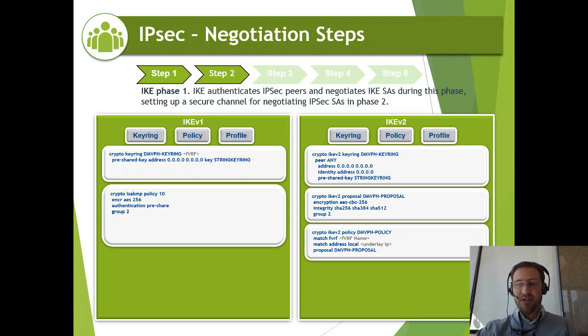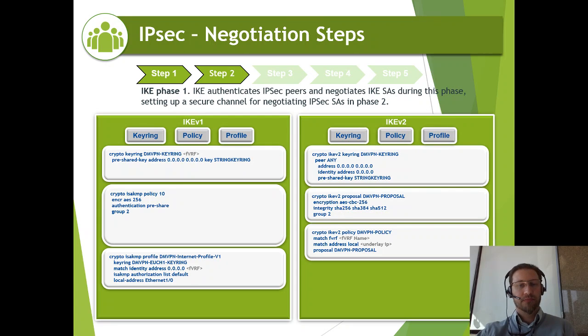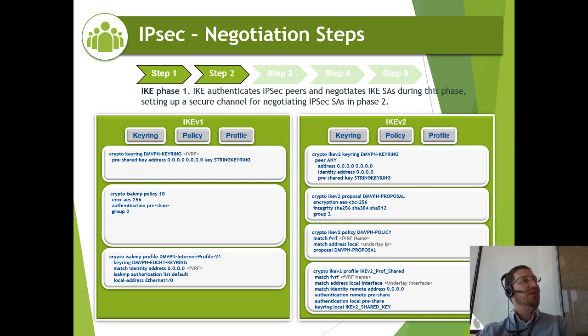Now you see the line commands to create the policy that is used on main mode 1. Just to remember, in main mode 1 the initiator router sends the policy with encryption, authentication, and Diffie-Hellman group. Lastly, here we have the ISAKMP profile for version 1 and for version 2.